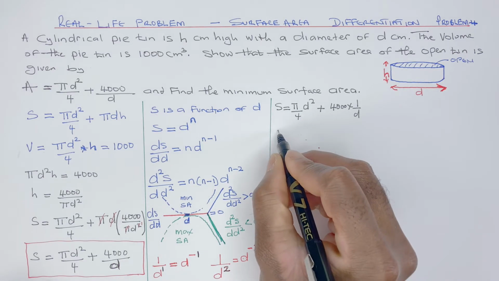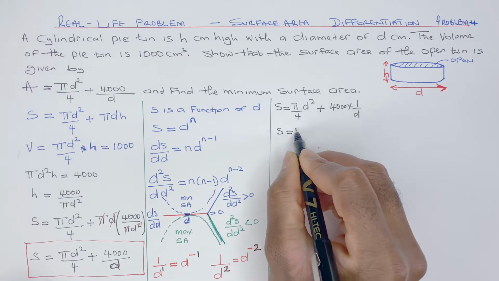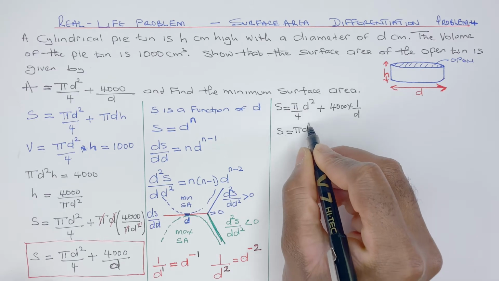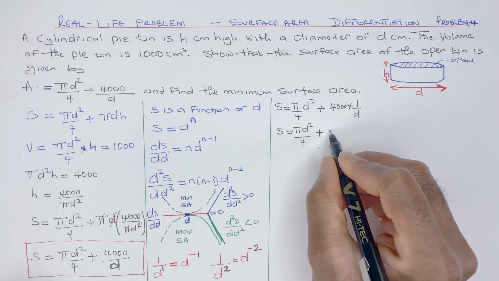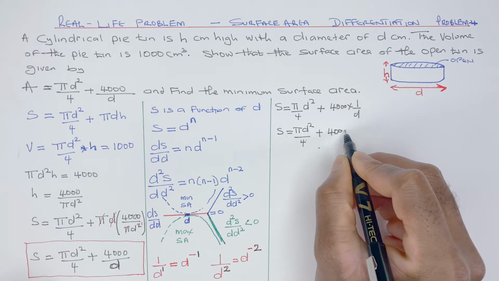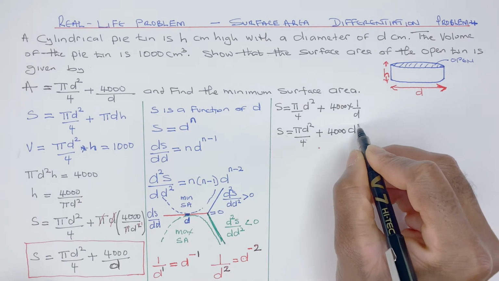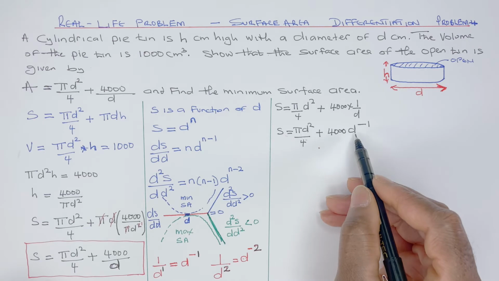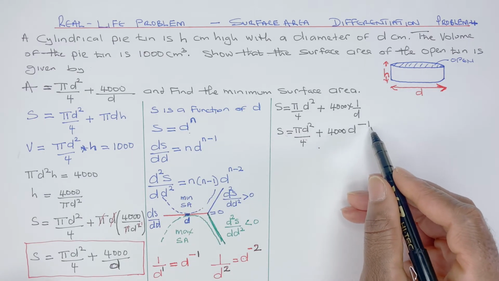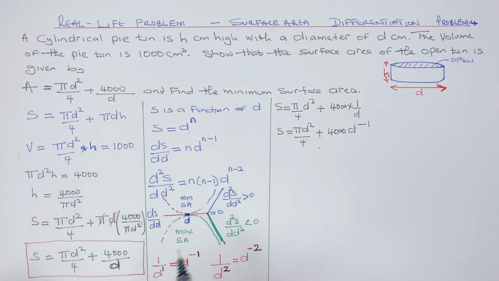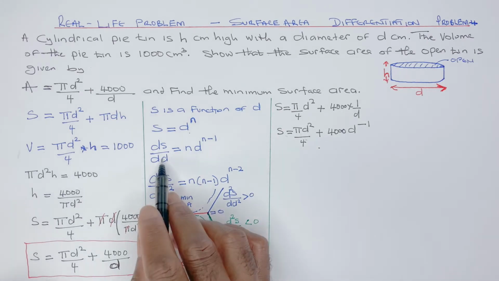And so we can get S equals pi D squared over 4 plus 4,000 D to the power minus 1. So now that looks like that. n is minus 1 here, n is 2 here. Now we can apply the derivative.